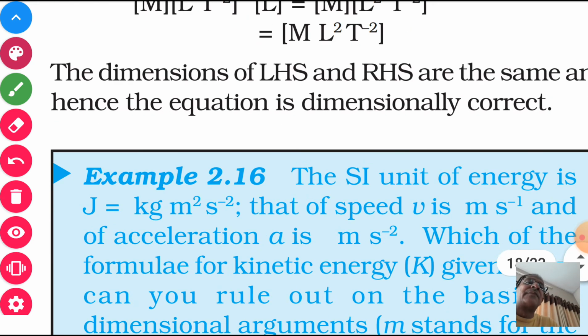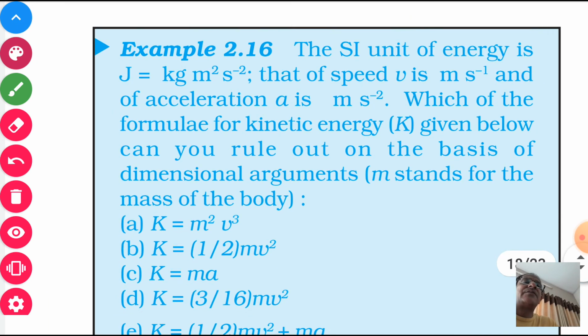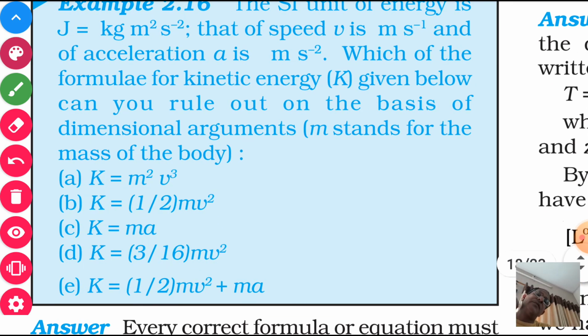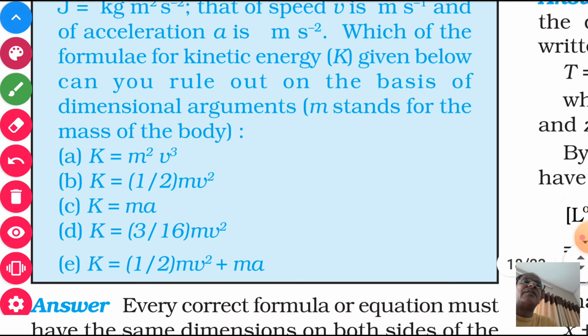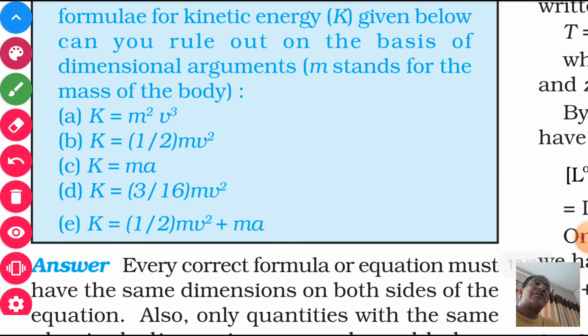Then here there are different equations. You can simplify these also. Write the dimensional formula of each and every quantity, you just have to do that only. Here, what is K? K is kinetic energy, equal to m²v³.